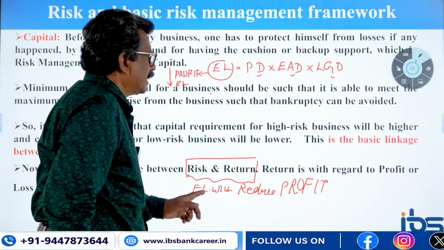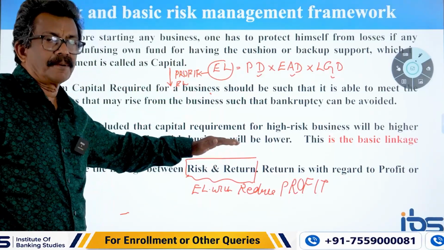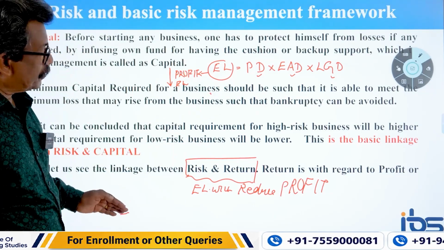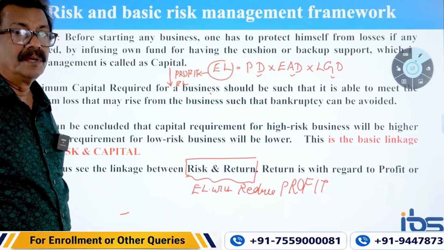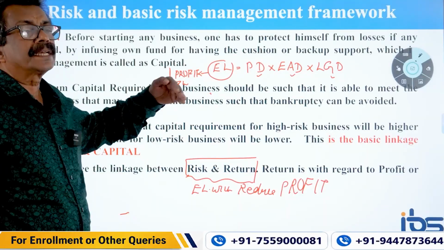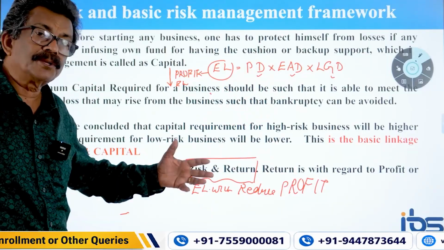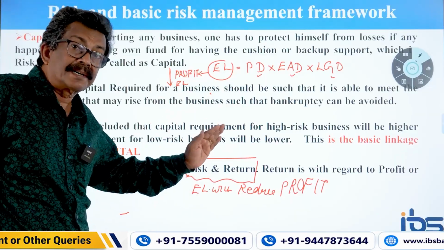Higher risk means lower profit, so it will affect your profit. Of course, when you take higher risk, there is a chance of getting more profit, more return also. But when you quantify the risk and keep adequate capital, it will affect your profit also. Both ways it can happen. That's the linkage between risk and return.